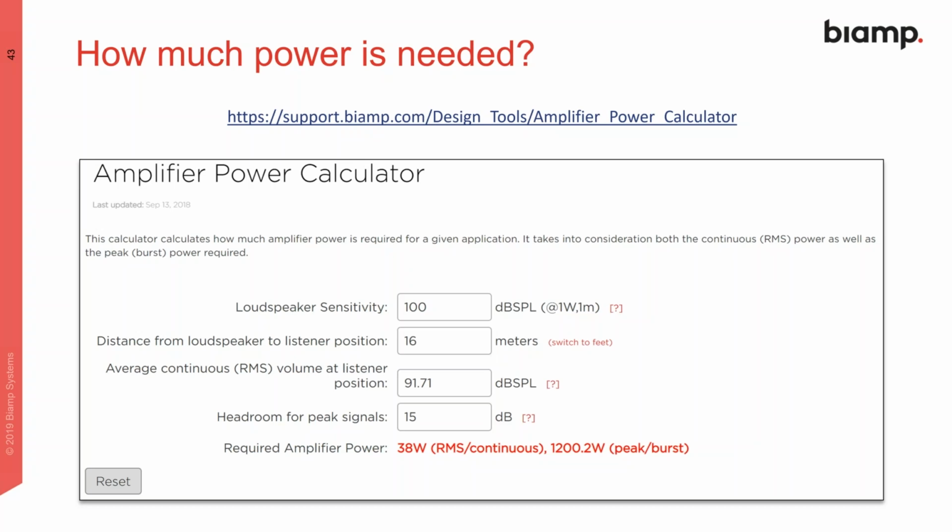And I'm going to have 15 dB crest factor. So my headroom is going to be 15 dB. So we're going from 91, and the crest factor would allow a peak volume out at the listener of 106.7. And the required amp power is 38 watts continuous and 1200 for those peaks to get the 15 dB.